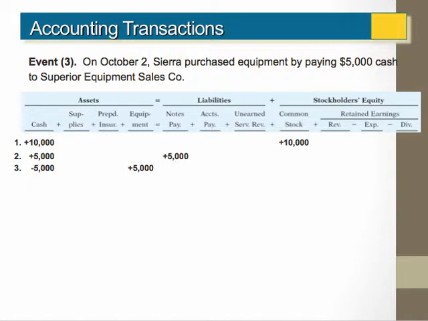In exchange for that $5,000, we receive $5,000 worth of equipment. Equipment is increased by the $5,000. Note that there is no transaction on the other side of the equal sign because all the activity occurred within the assets side of the accounting equation.